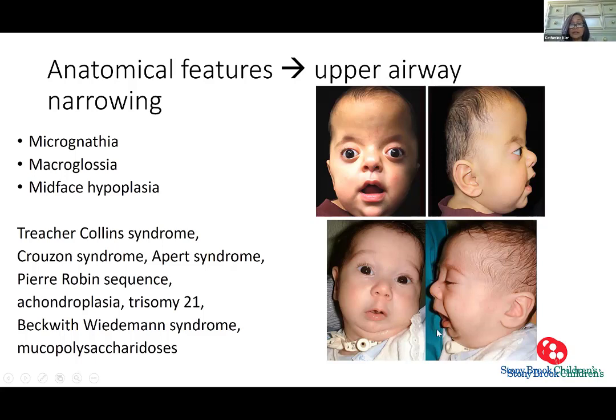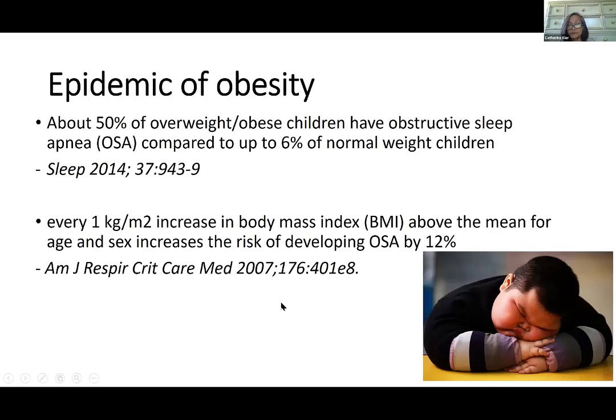Here at the bottom is a patient with Pierre Robin sequence, and you can see the receded chin, and this patient really needed a tracheostomy to allow airway growth. Other alternatives would be tongue suturing to avoid the tongue falling into the upper airway.